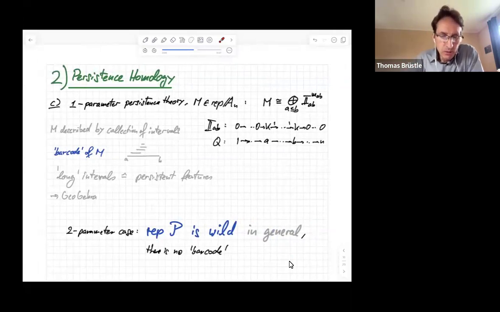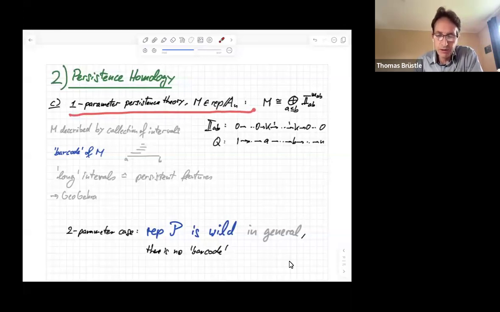Finally, in one parameter persistence theory, as I said, we can view those persistence modules really as representations of a quiver of type AN, and we do know the representation theory of the quiver of type AN. AN is a representation finite quiver.